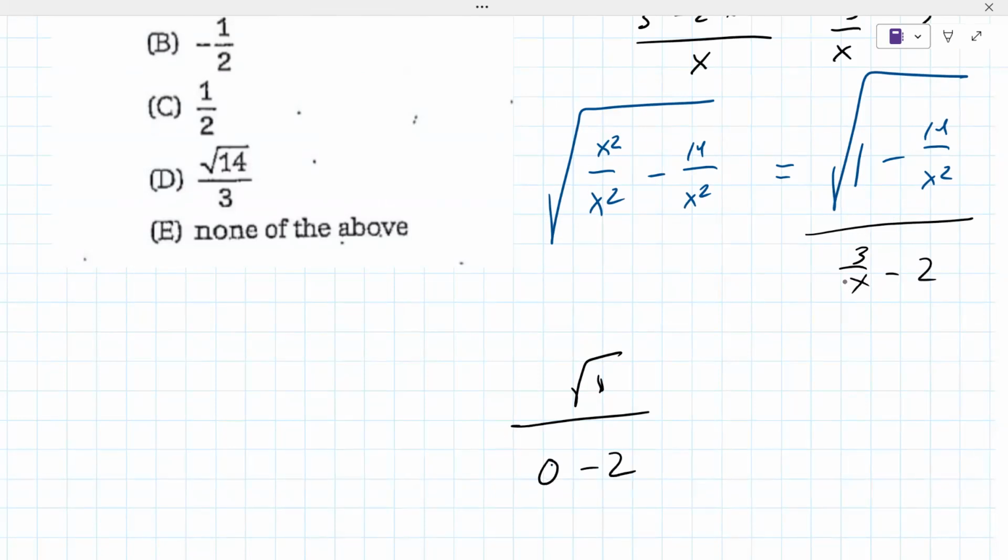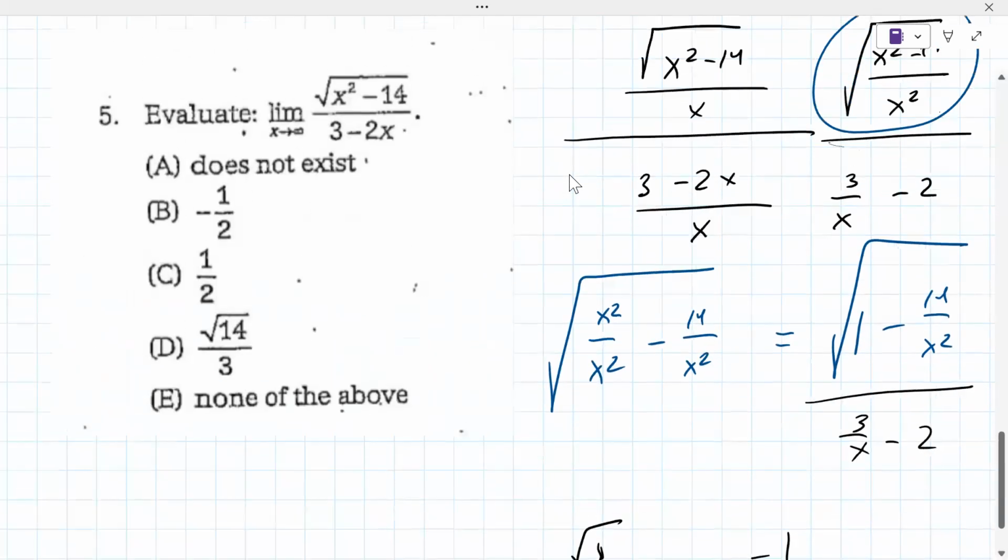Goes to 0. So that's negative 1/2. All right. Any questions on that? Yeah, that makes sense. Okay.